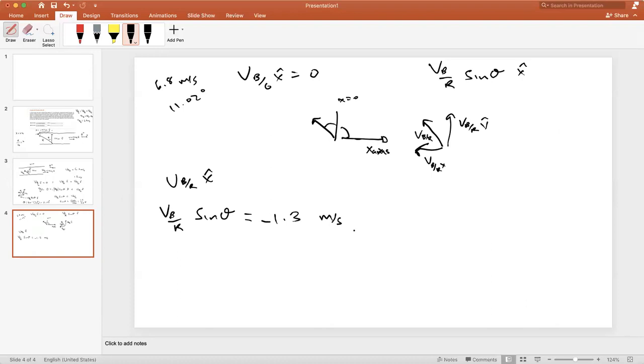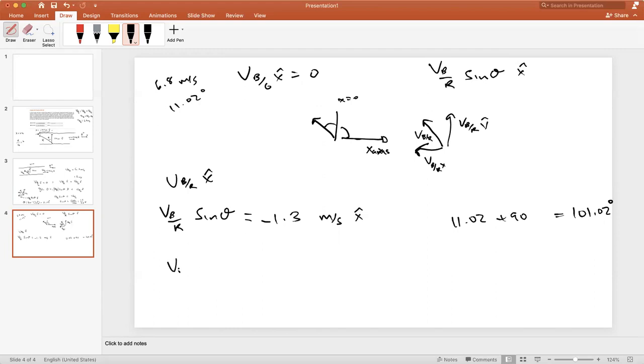We're really at 11.02 plus 90 degrees. So we're really at 101.02 degrees from the x-axis, right? That's our bearing if we want to take it from the x-axis. We do that in this problem at the end. But that's going to give us a negative 1.3 meters per second in the x hat direction.